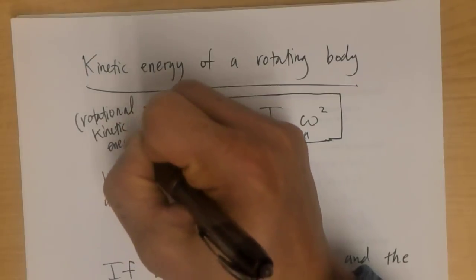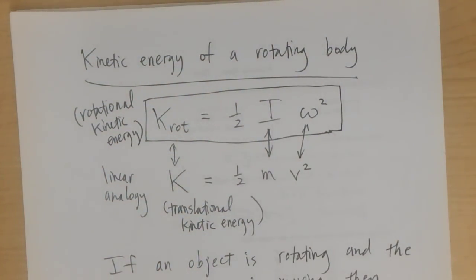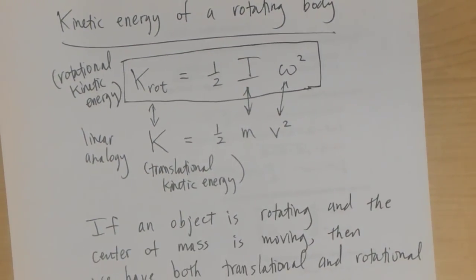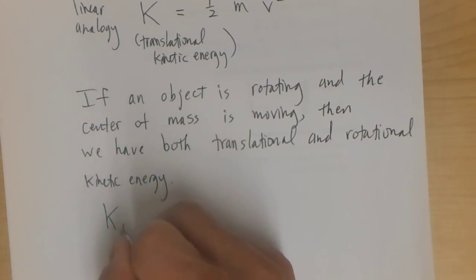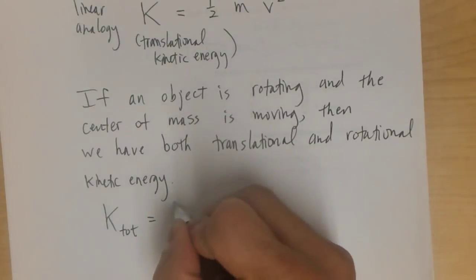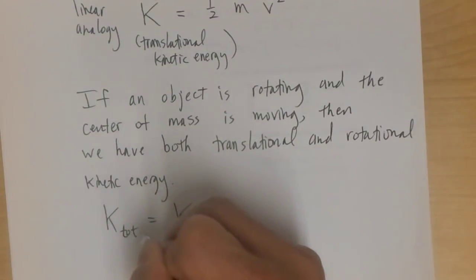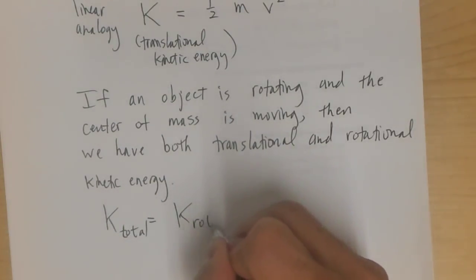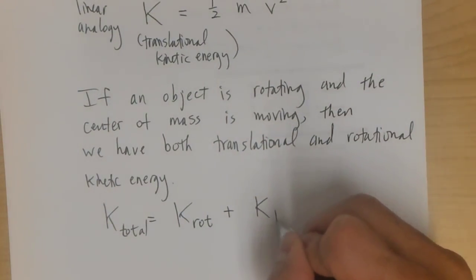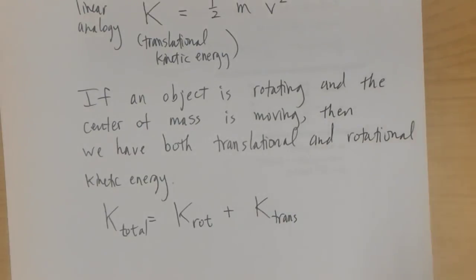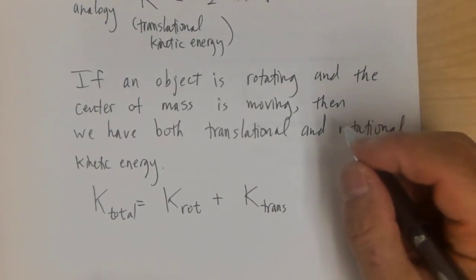So if I want to know the total kinetic energy, this is the total. This is the rotational, K rotational, plus K regular translational, if you want.